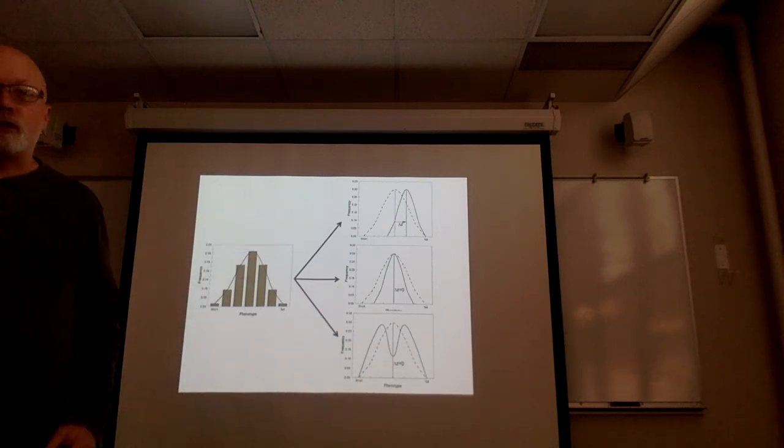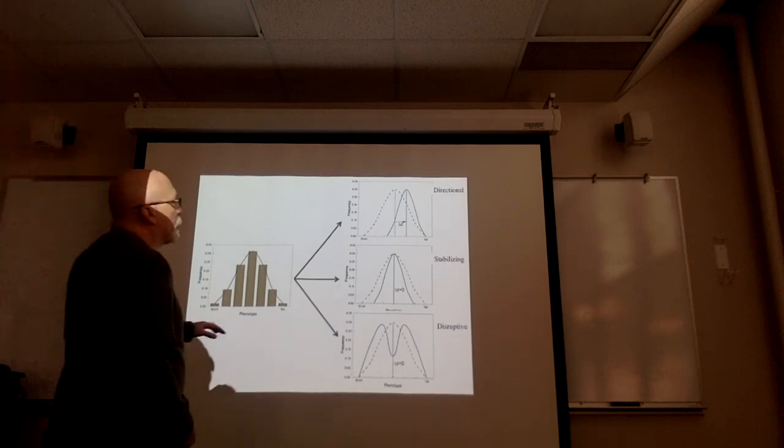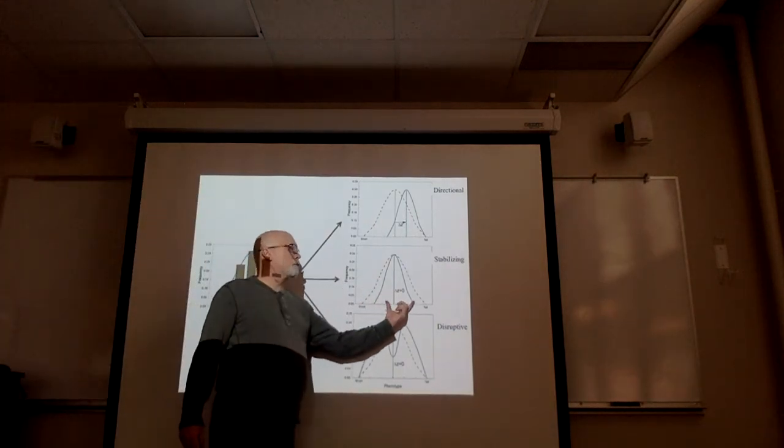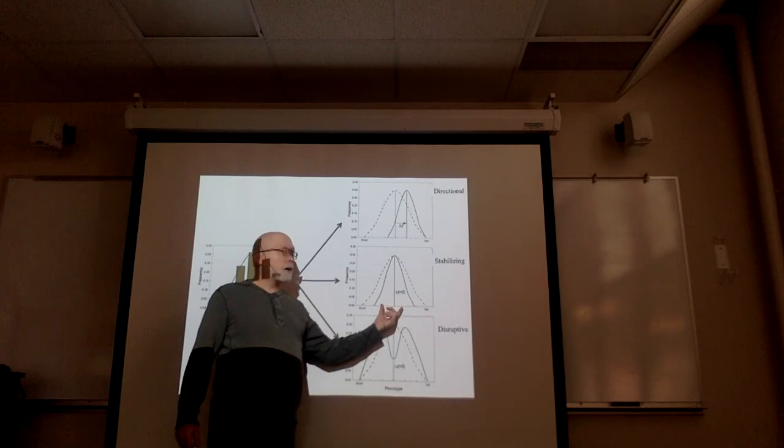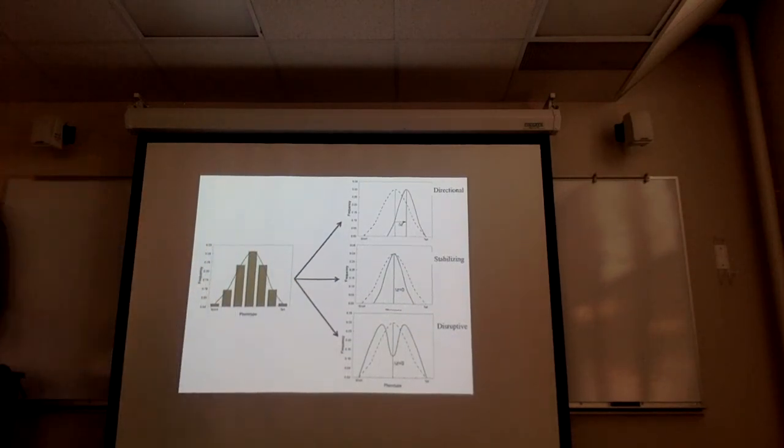This type of selection up here is directional. But don't forget that there's also stabilizing, where it just makes the distribution narrower over time, and then disruptive, which we talked about a lot during the Hendry et al. paper, because presumably that's the type of selection that was driving these finch beak distributions apart.